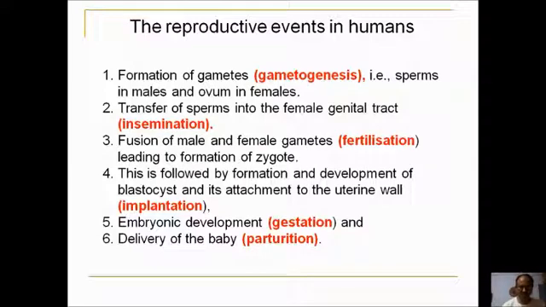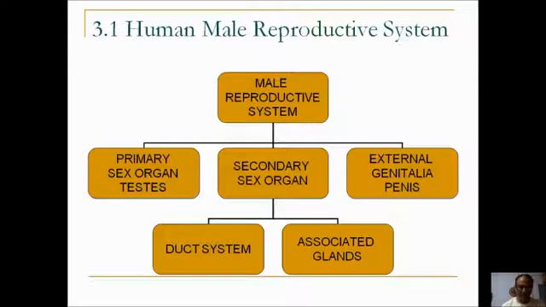Parturition. These are the events that take place in the human reproduction process. So the first step, gametogenesis, is the formation of male and female gametes.